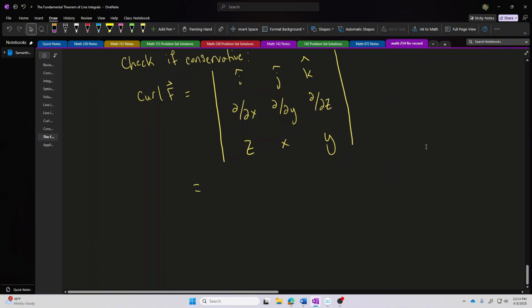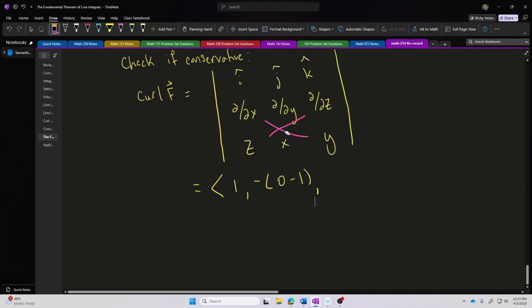So if I calculate that using the standard process for 3 by 3 matrix determinants, it looks like I get 1 minus 0. It looks like I get negative 0 minus 1 from this diagonal here, 0 from the derivative of y with respect to x, and then minus 1 from subtracting the derivative of z with respect to z.